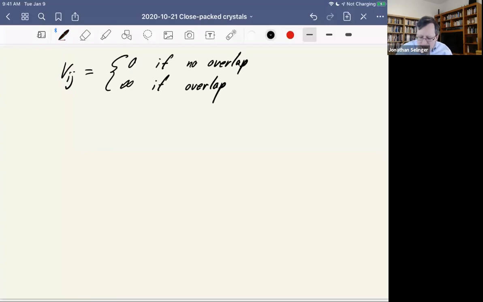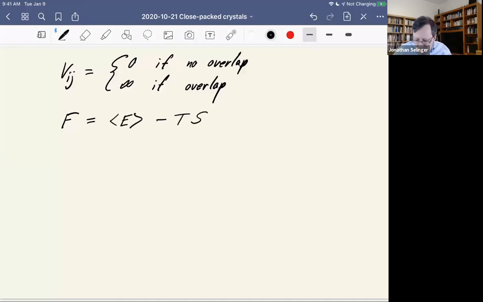Let's think about the free energy, okay? Because I've been trying to present everything to you in the context of free energy in this semester. So we know that the free energy is the average energy minus temperature times entropy.